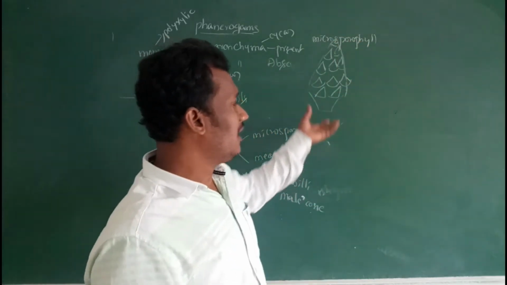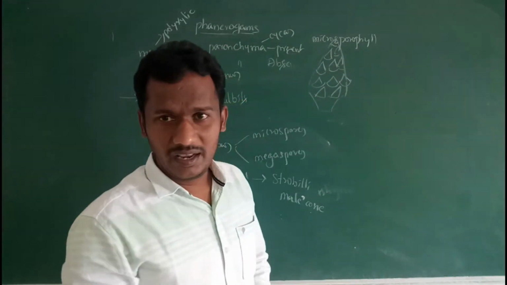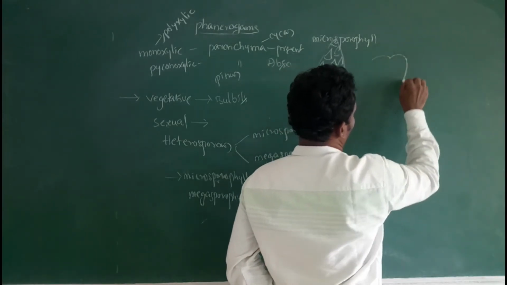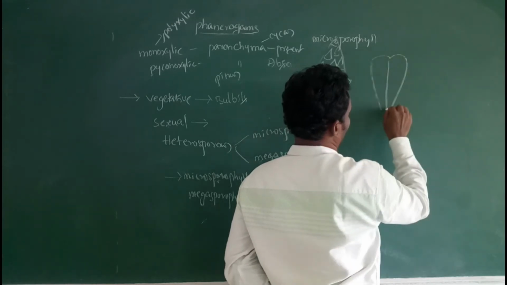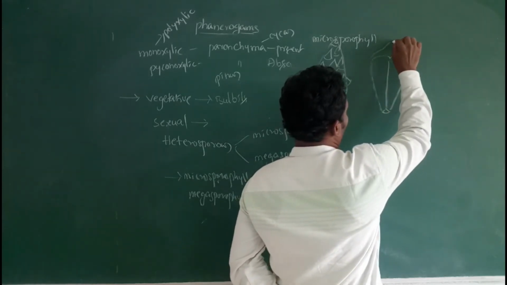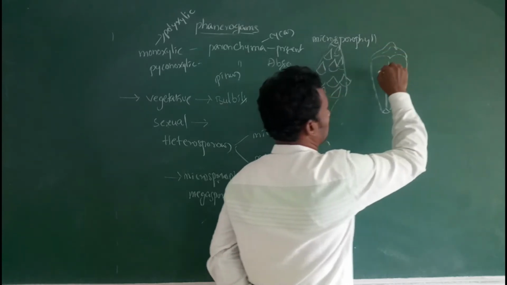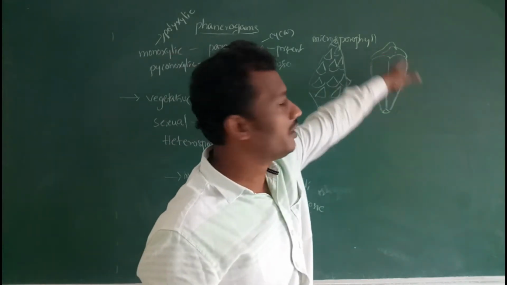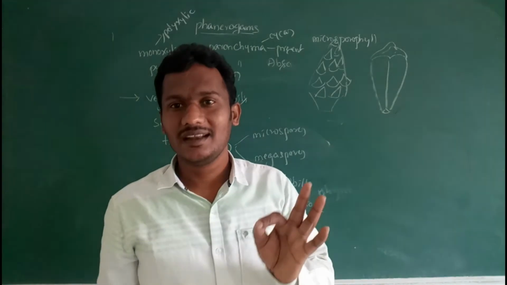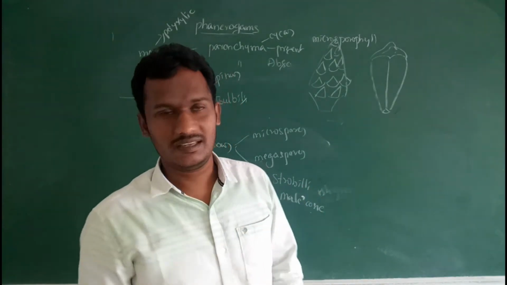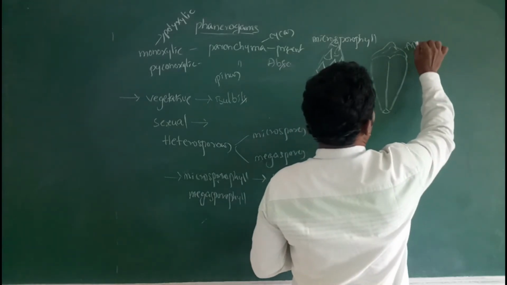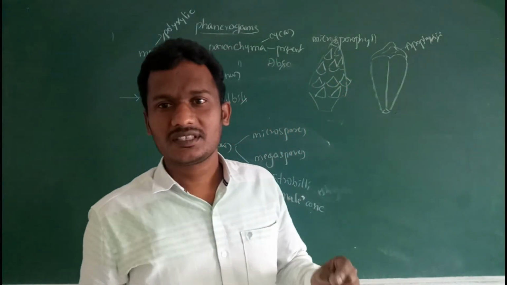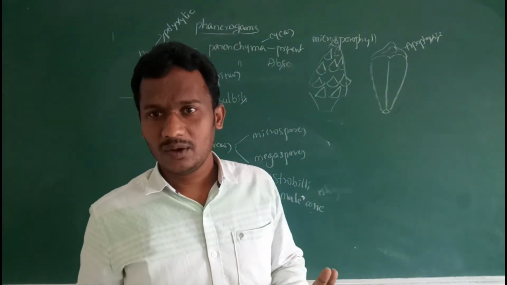In this flat wedge and triangular microsporophyll, the tip part is pointed and sterile, without sporangia. This is known as the apophysis. The apophysis is sterile, without microsporangia.